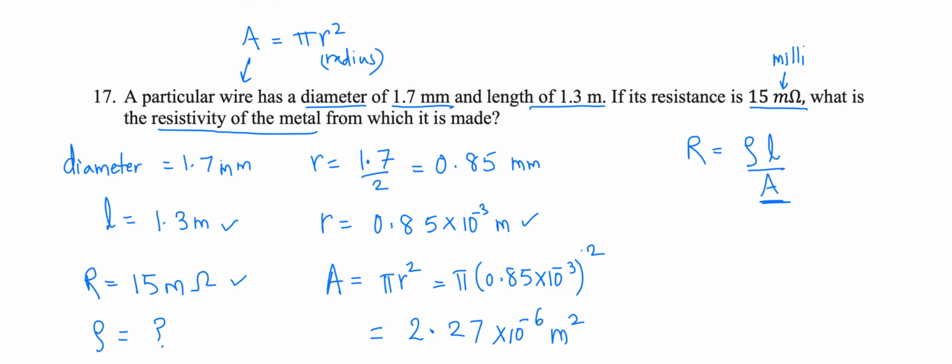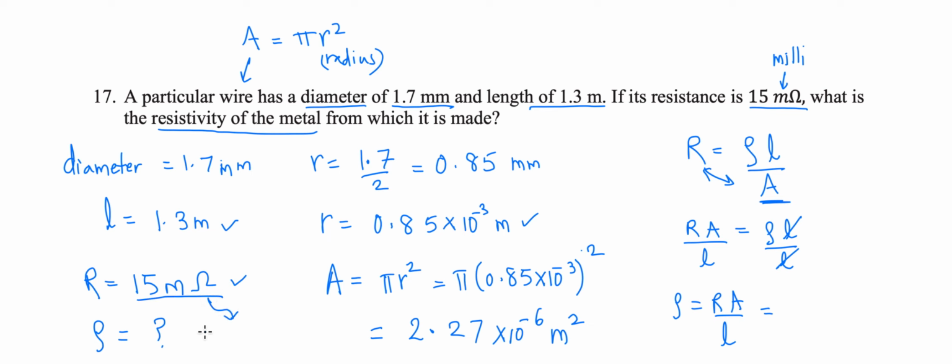Now if we look at the formula for resistance, and we want to find the resistivity, we can arrange the formula here itself. We can do RA equal rho L, and then divide both the sides by L, so that we can make rho the subject of the formula. L will get cancelled from here, so rho will be equal to RA over L. Now we have got resistance is 15 milliohms.